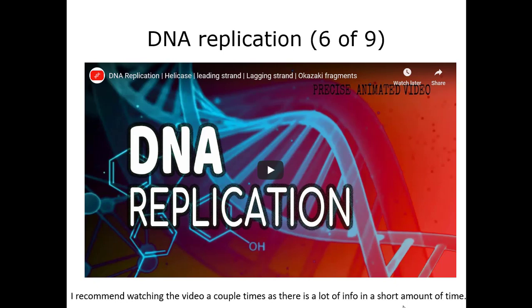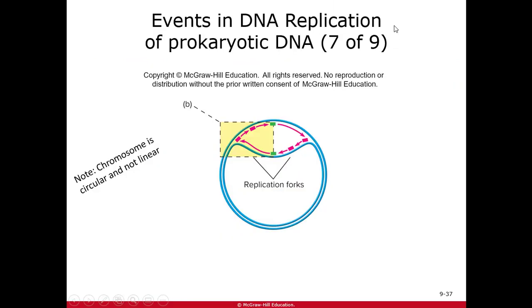Now, in prokaryotic DNA, it's still going to have all the same basic steps. Just a unique difference is that they don't have a linear DNA fragment. Everything's wrapped up in a single circular chromosome. And so they're still going to do replication, but they have 2 forks.